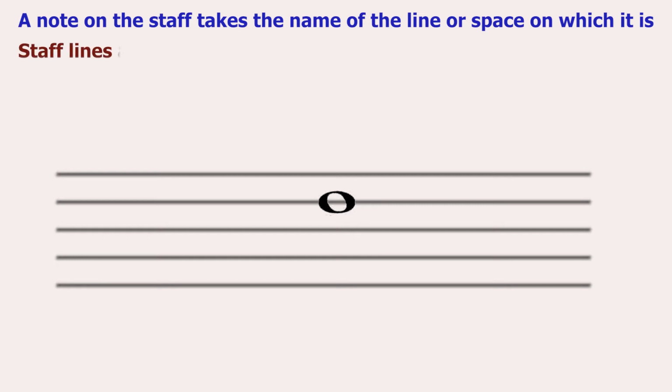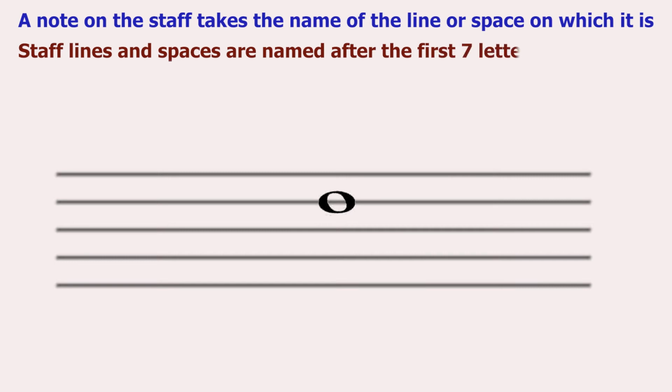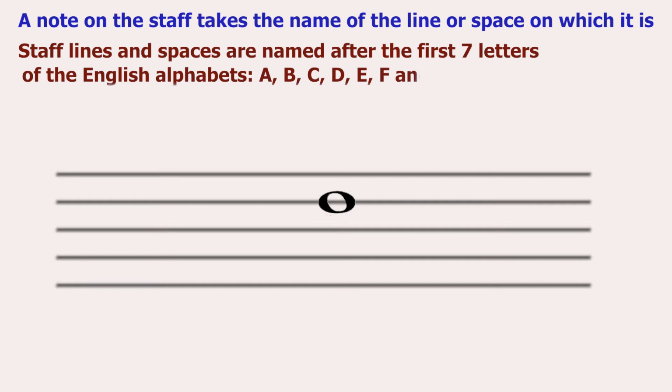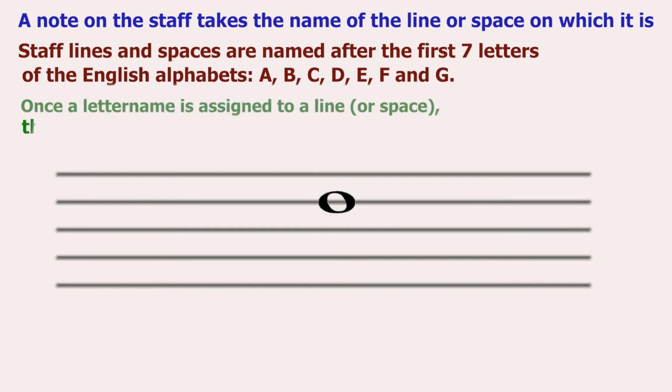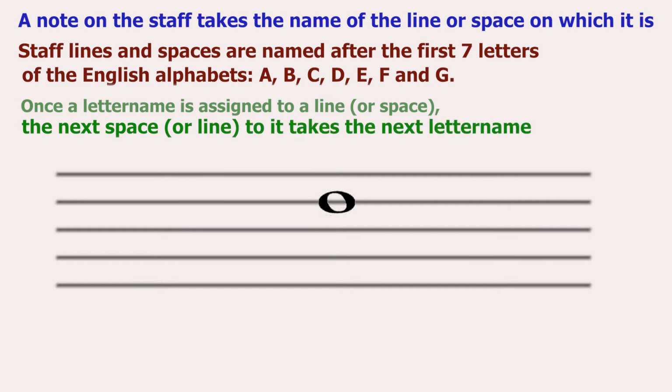These lines and spaces on the staff are named after the first 7 letters of the English alphabet: A, B, C, D, E, F, and G. When one letter name is given to a line or space, the next space or line acquires the next letter name.